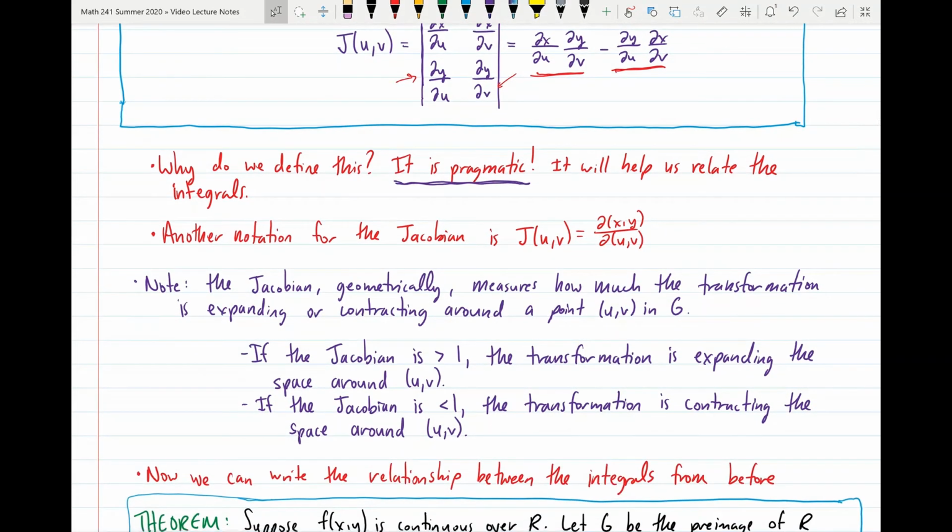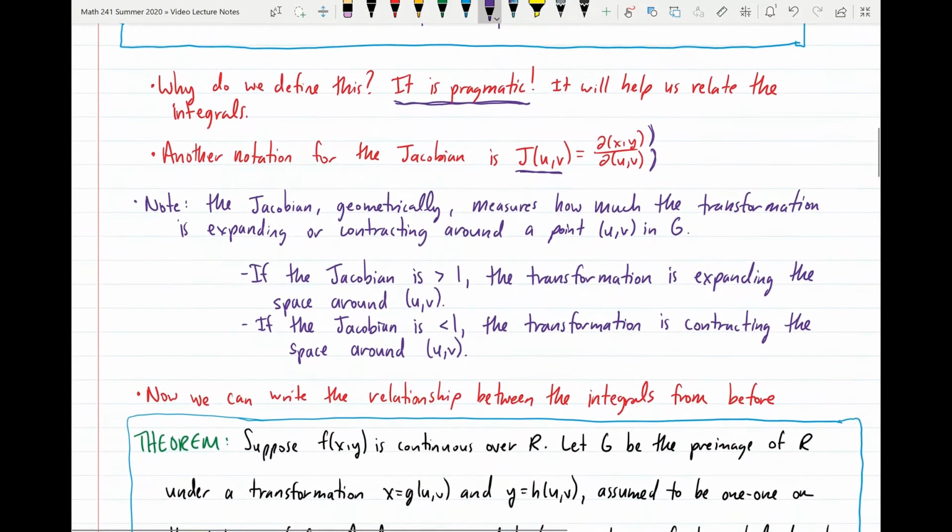You should also note that another notation for the Jacobian is J of uv is equal to partial xy over partial uv. So that's another way that we could notate the Jacobian, just in case you see that in the text.